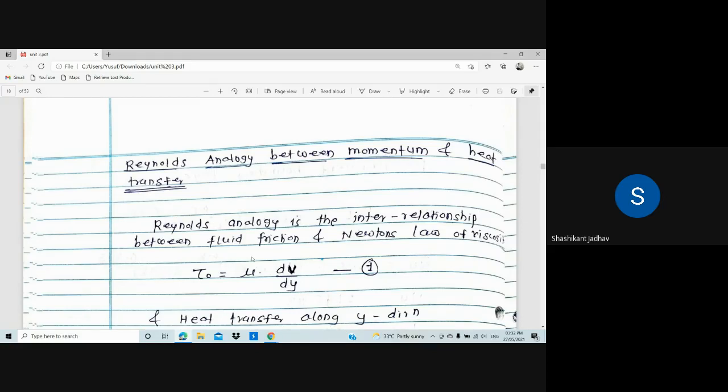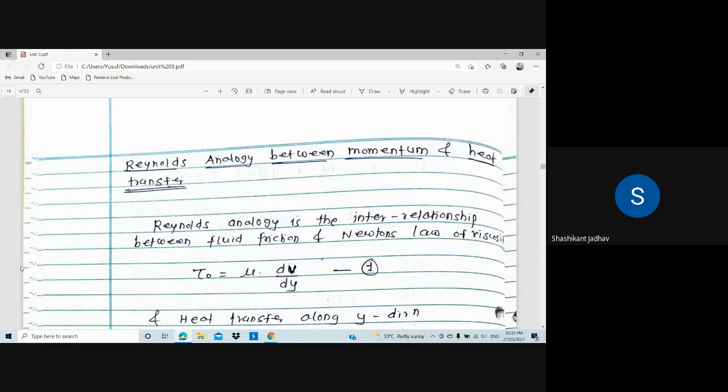Okay, so write down Reynolds analogy is the interrelationship between fluid friction and Newton's law of viscosity.